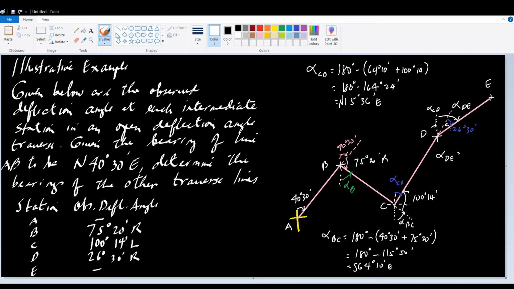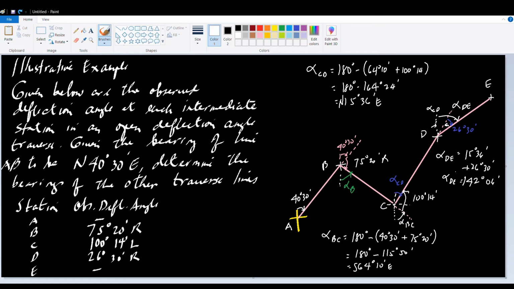So to find alpha of DE is to just add alpha of CD, which is 15°36', and the deflection angle 26°30'. And that will be equal to 41 or 42 degrees and 6 minutes in the direction north.